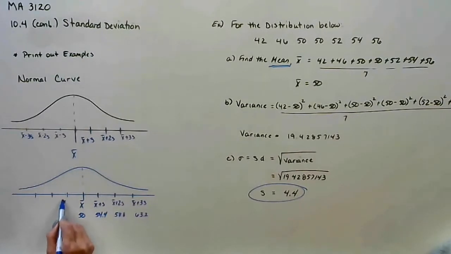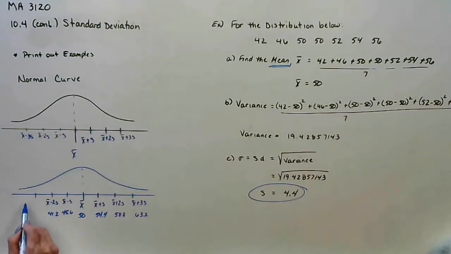I'm going to subtract 1 standard deviation, so that gives me 45.6, because that's 50 minus 4.4. Then I'm going to subtract 4.4 again. That gives me 41.2. And then I'm going to subtract 4.4 yet again the third time.